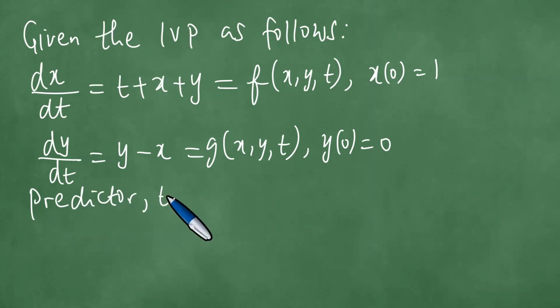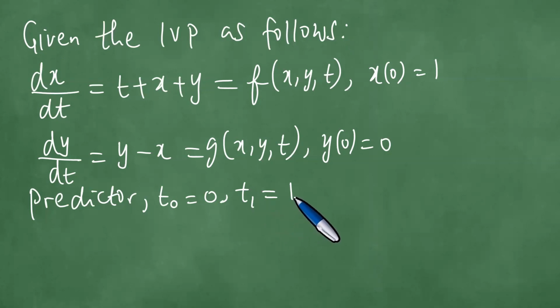So the predictor at t equals 0, t0, for example, if you look at the x0, but also at the y0 as well, and then you have, for example, t1.